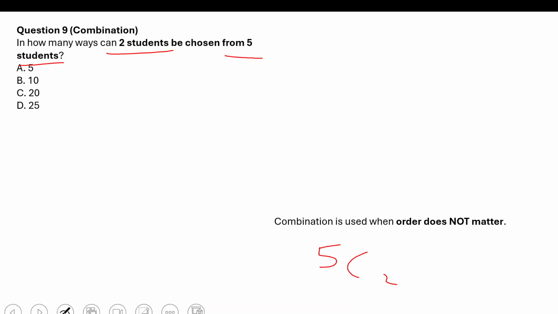So when you see a question like this, we're looking at combination. The notation is n combination r, where n is the bigger number and r is the smaller number. And this translates to n factorial all over r factorial, open brackets, n minus r factorial.